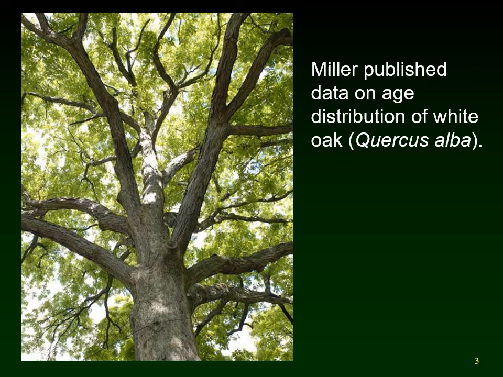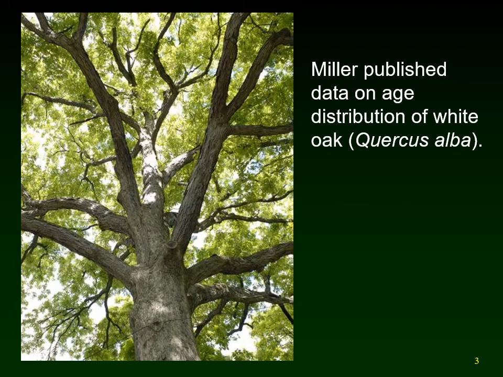So the first example in the textbook was some work by Robert Miller in 1923, and it's looking at the age distributions of Quercus alba, which is white oak. And so he took time and he measured the sizes of 56 trees of various sizes.